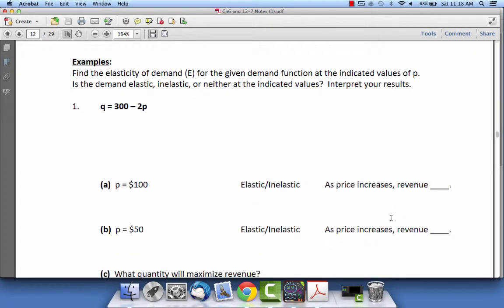Okay, so find the elasticity of demand for the given demand function at the indicated values. We're going to determine if it's elastic, inelastic, or neither.